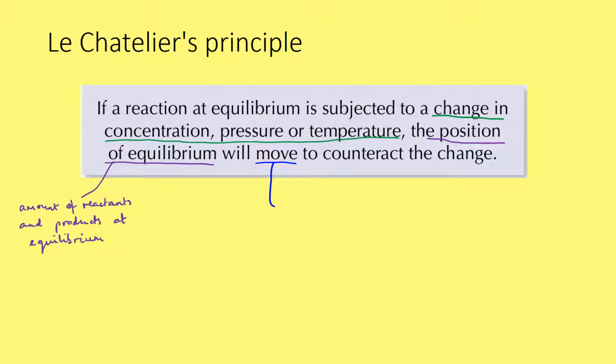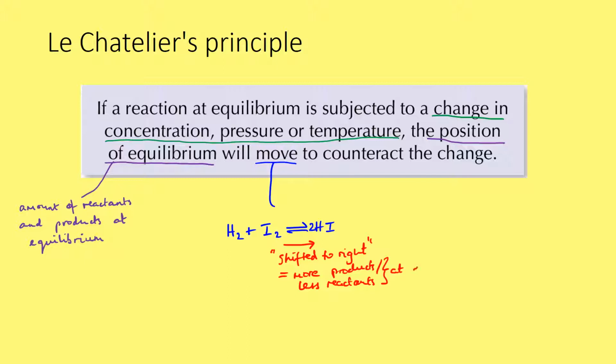If we have our hydrogen plus iodine example going to hydrogen iodide, if we say the position of equilibrium has shifted to the right, so shifted to the right means we've shifted in this direction, so I'll put it in quotation marks, shifted to the right, and that means more products and hence less reactants at equilibrium, at the new equilibrium. But if we say that it's shifted to the left, then the opposite is going to be true.